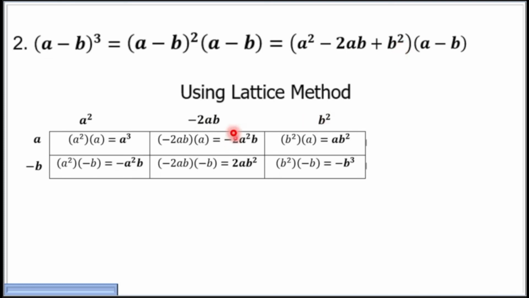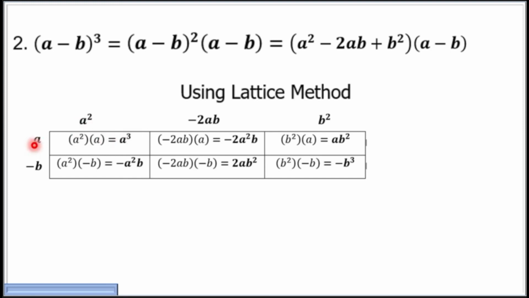Okay. How do we solve this? A times a squared is a squared times a. When multiplying, we add the exponents, because they have the same base: copy one base, add the exponents.